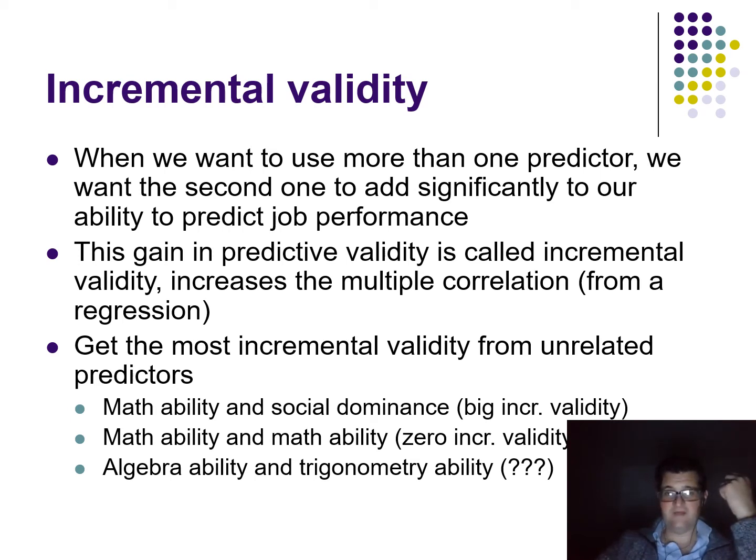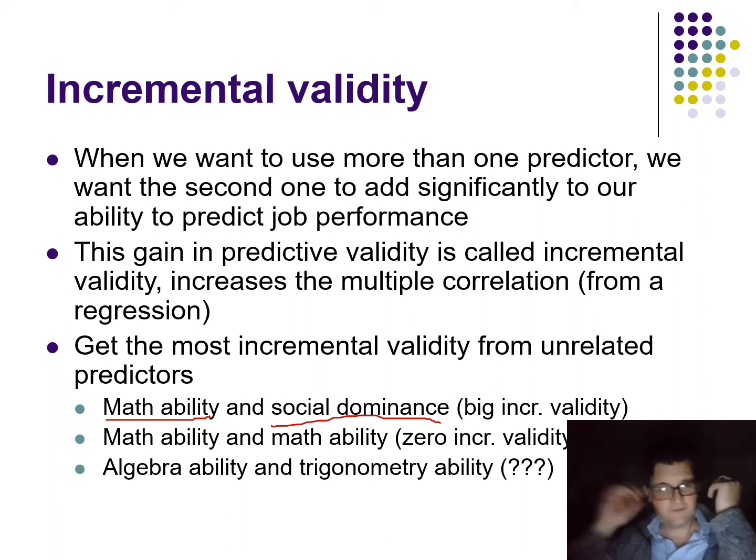So if we have a combination here of, say, mathematical ability and social dominance, which is basically leadership potential, more or less.